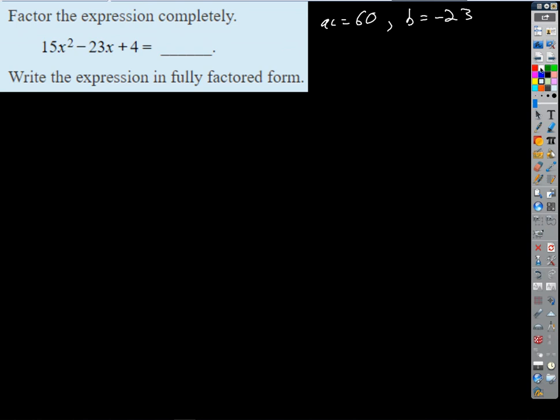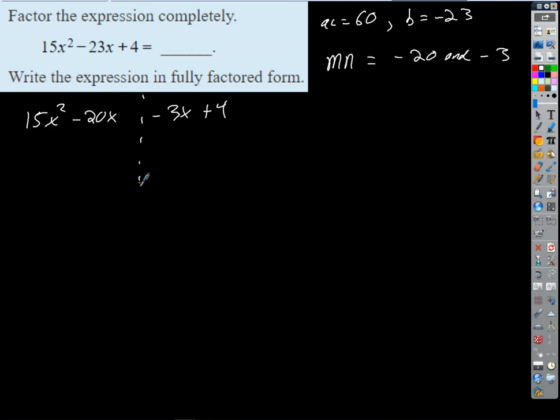We can break this up into 15x squared, and you told me the magic numbers are negative 20 and negative 3. So we could do 15x squared minus 20x minus 3x plus 4.